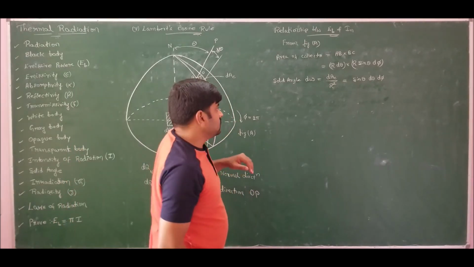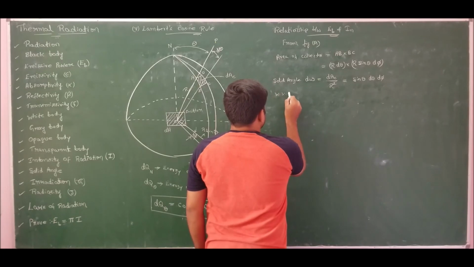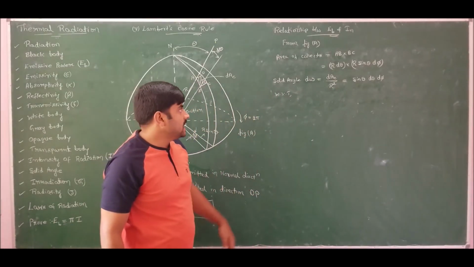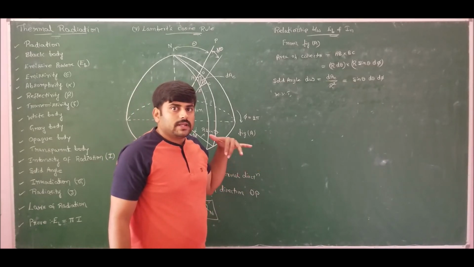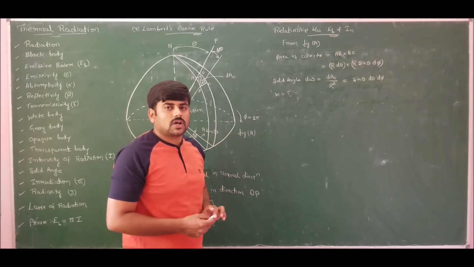Now, from the definition of intensity of radiation, we know that intensity of radiation is defined as the amount of radiation emitted from a surface per unit area projected normal to the direction per unit solid angle.